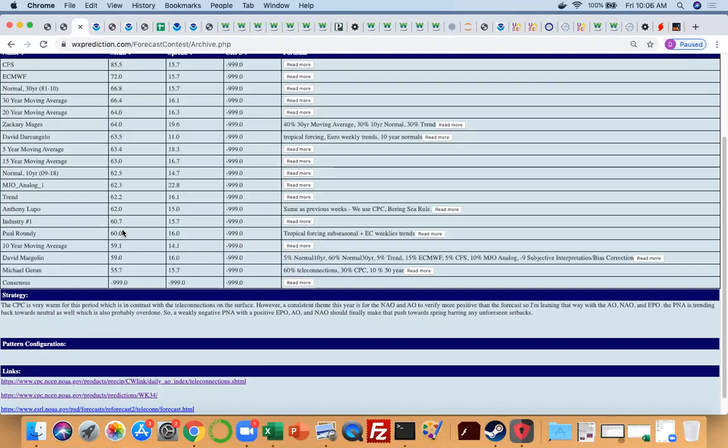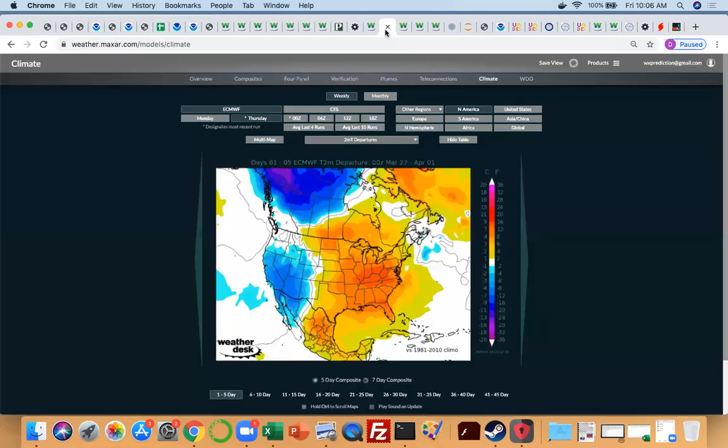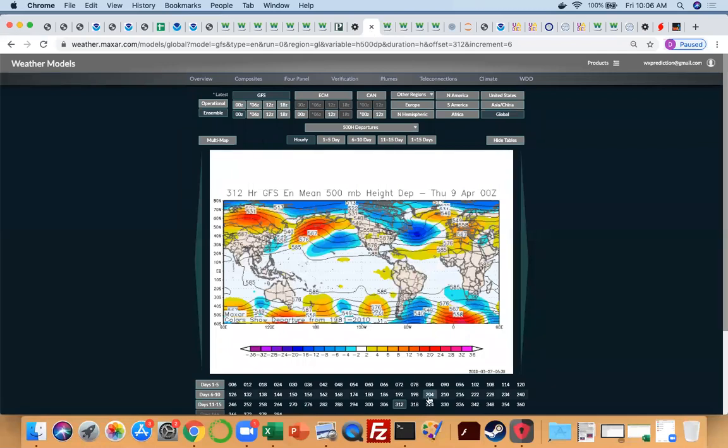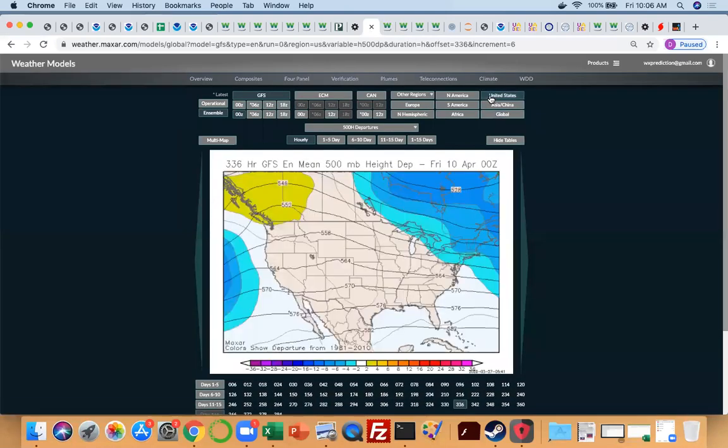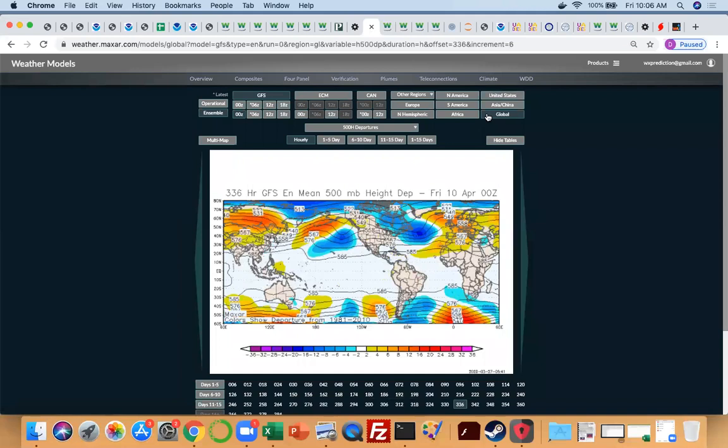And I think because of your rationale, because of the compelling situation of the AO, and frankly, when you look at the models, even in the 11 to 15, I'll just pull it up real quick. Here's the 11 to 15 getting out to day 15. Even the GFS, which is the quote unquote cold model, doesn't even look that cold.